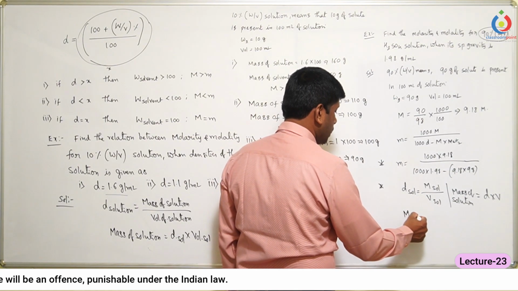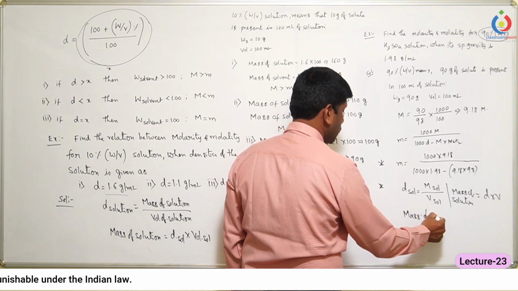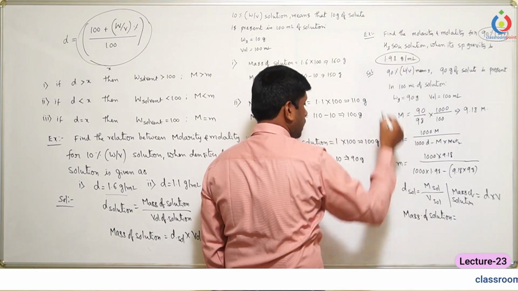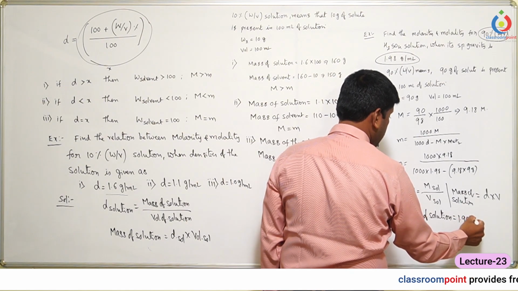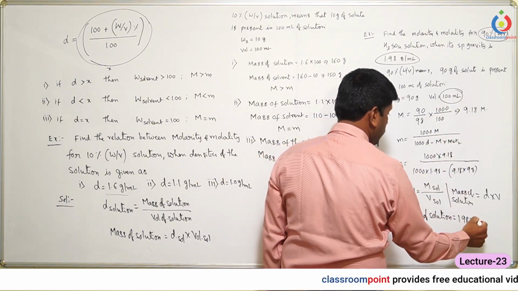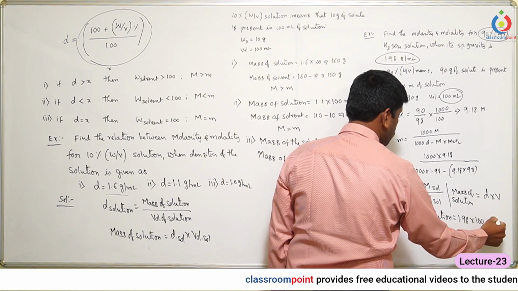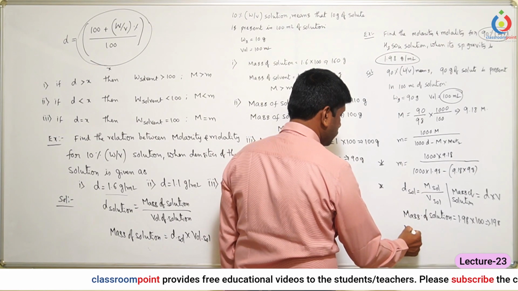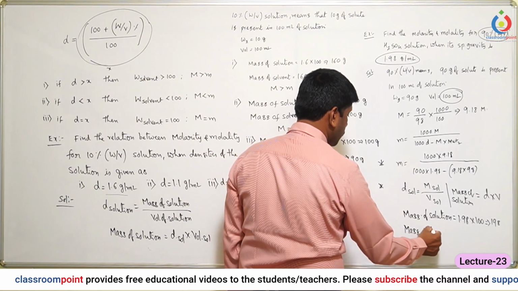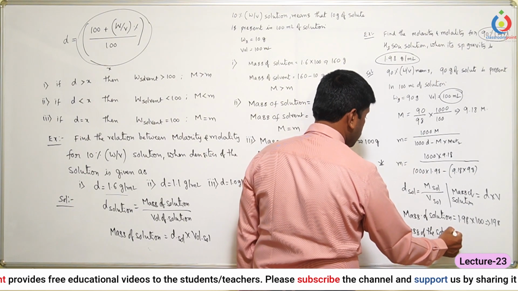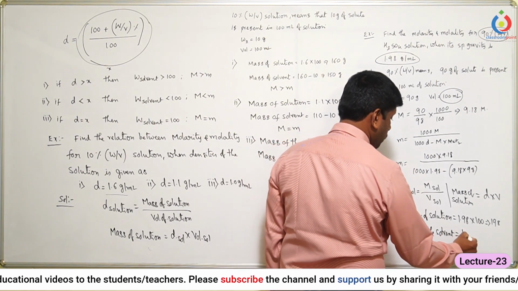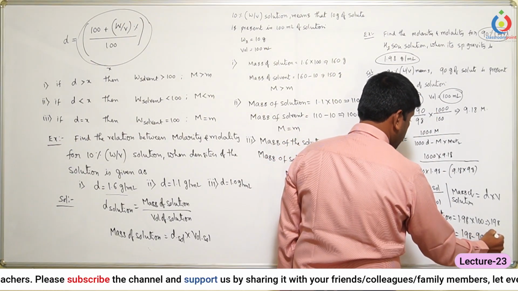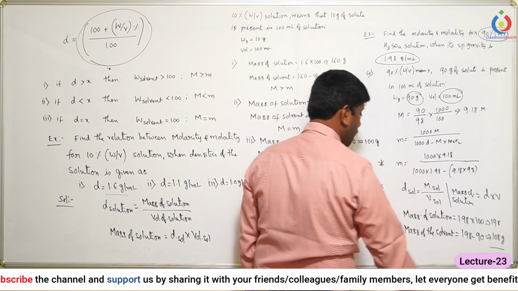Therefore, we can write that mass of solution is equal to, density is given as 1.98, 1.98 into volume of the solution given as 100 ml. So this is equal to 198. Then mass of the solvent is equal to mass of the solution 198 minus mass of the solute 90. So we will get 108 grams.